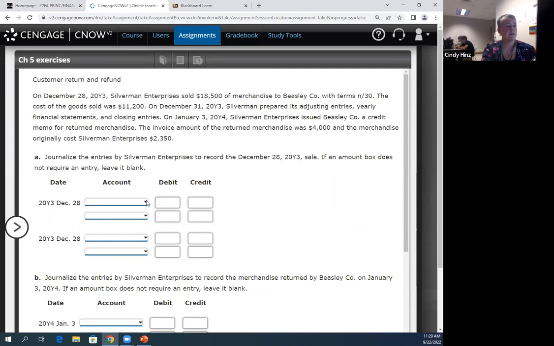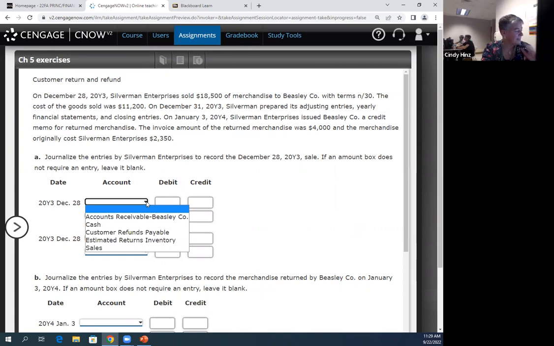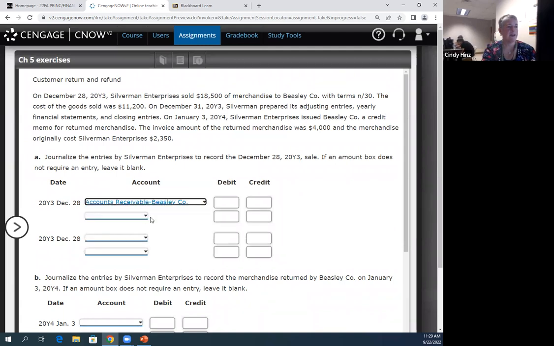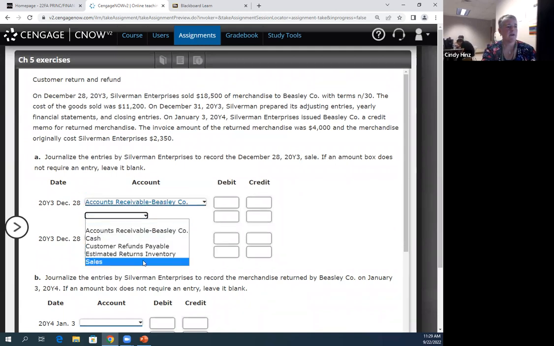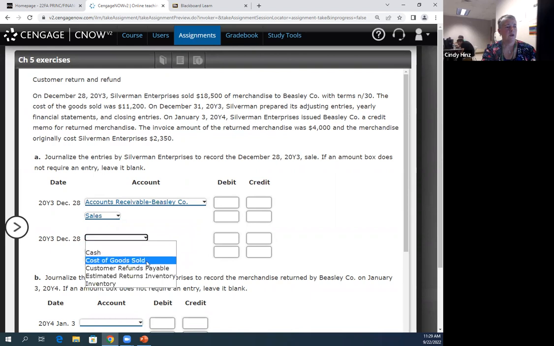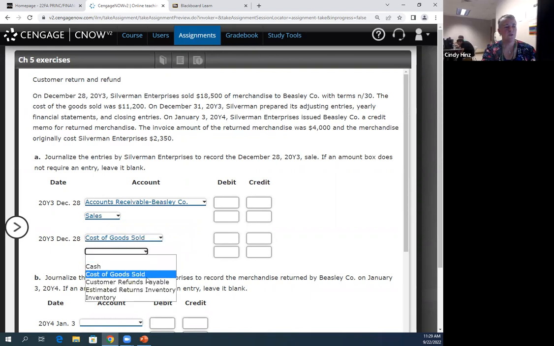So how do we report the sale? This is nothing new. At the time we made the sale, we had no idea that the buyer was going to return a bunch of the merchandise. So we would record the sale exactly the same way that we have been doing all through this chapter. They bought it on credit. We report our sale. We report the cost of goods sold, and we reduce or relieve our inventory. So go ahead and do that.